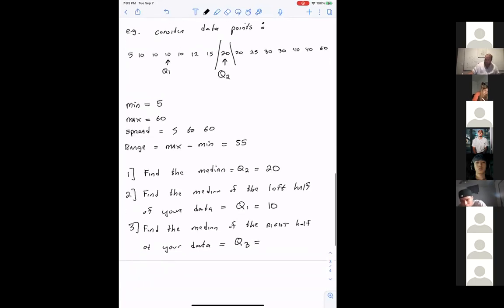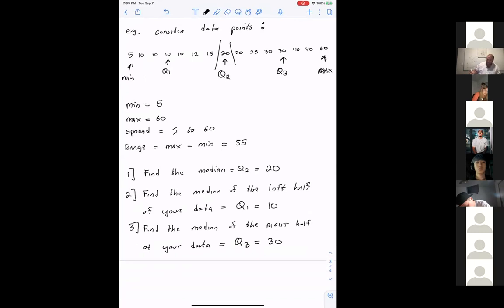And what does that equal in this case? Which one is it? The second 30. That's Q3. Okay, those are just definitions. Are we all with me so far on how to find Q1, Q2, Q3, and the max and all that?